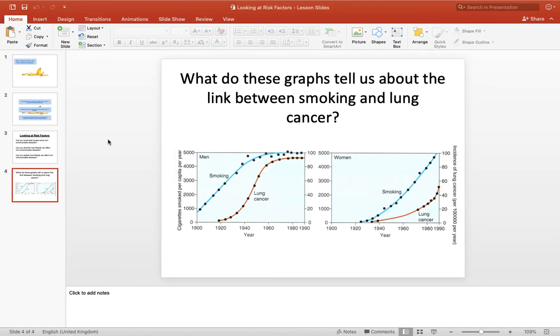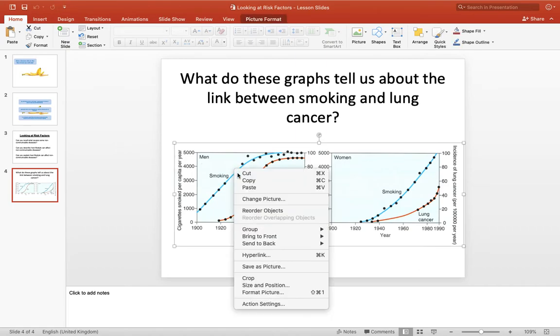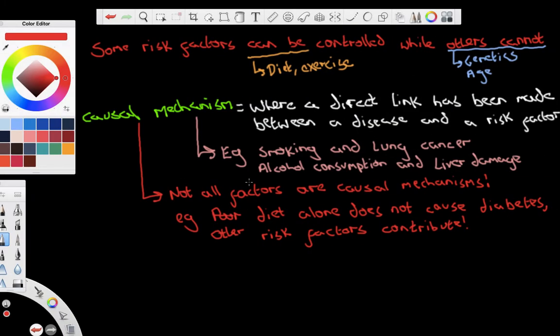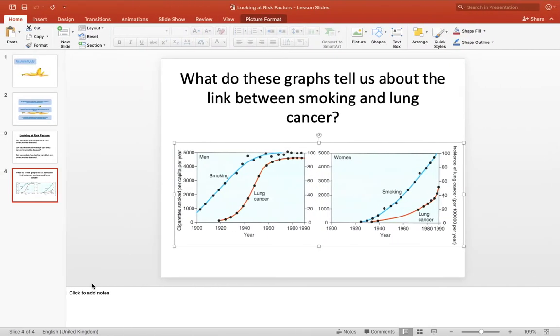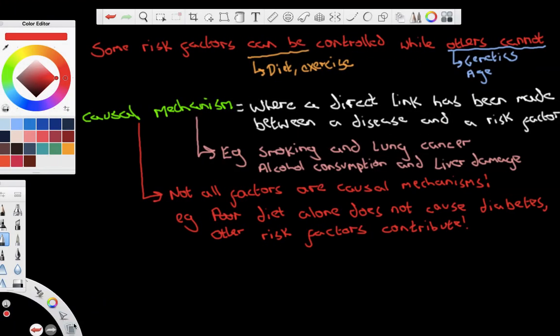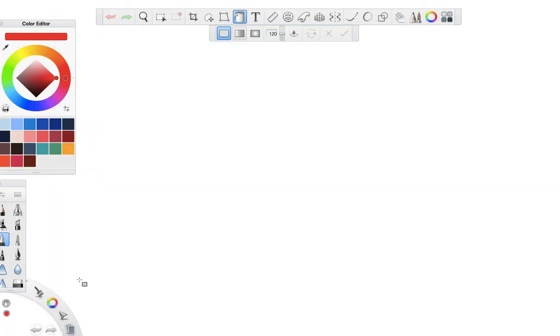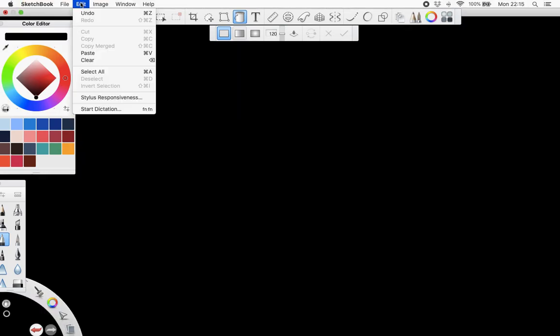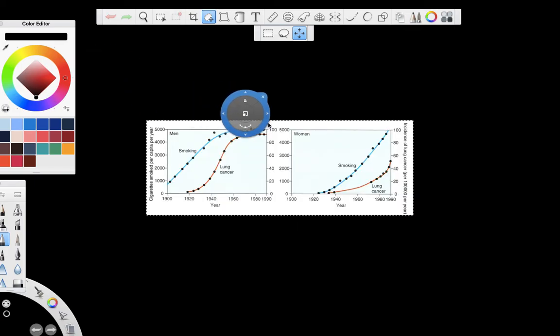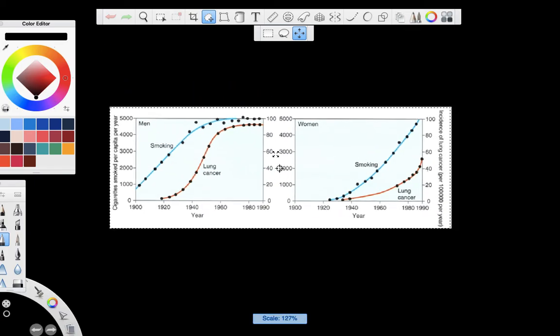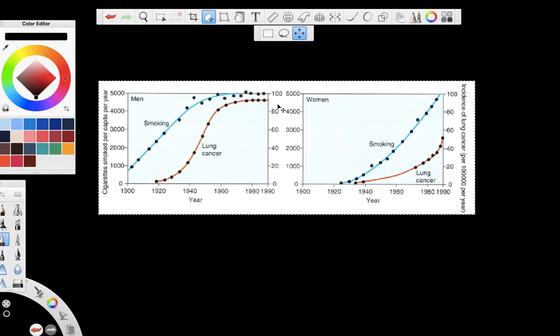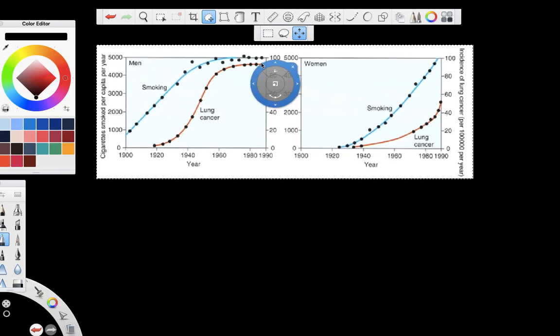Okay then, so you should have paused the video and you should have had a go at these questions. Now, what the question is asking us is, what do these graphs tell us about the link between smoking and lung cancer? So if we can just wipe our board off, turn it back to black, insert our graphs, make them a bit bigger.